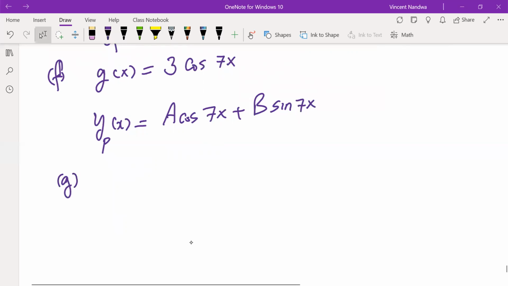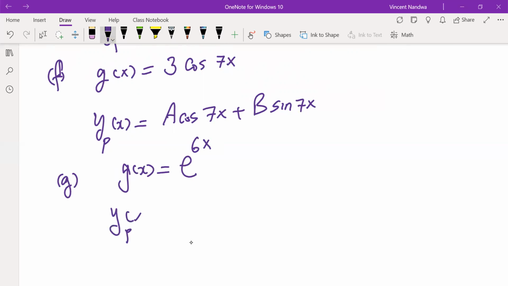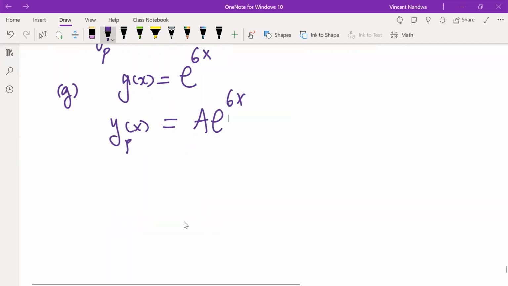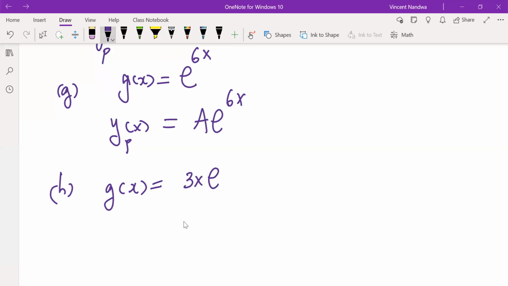G, if g of x is given by e raised power 6x. Now this being exponential, then yp will take the form constant times exponential raised power 6x. H, if we have g of x equals 3x e raised power 4x.